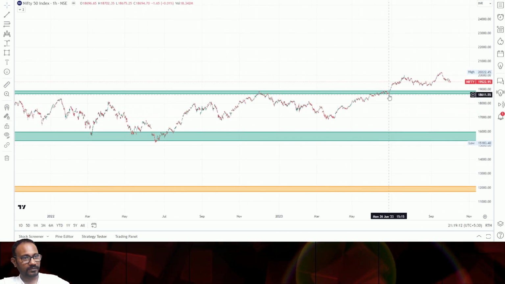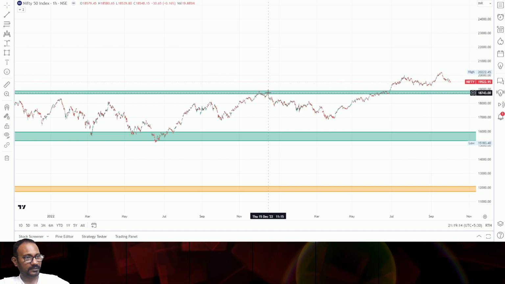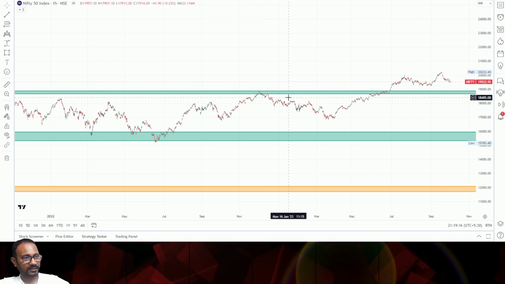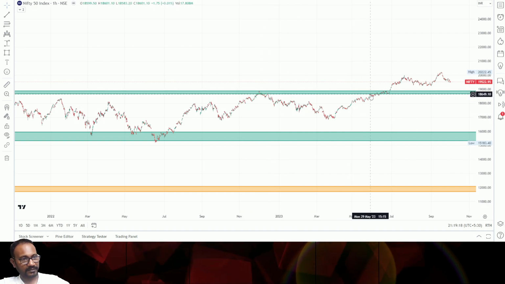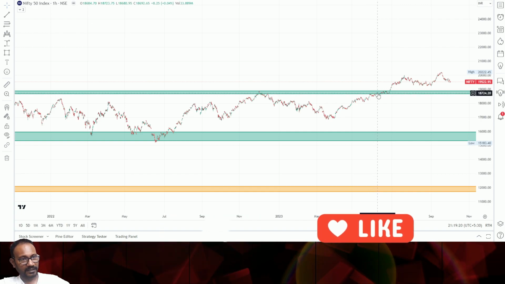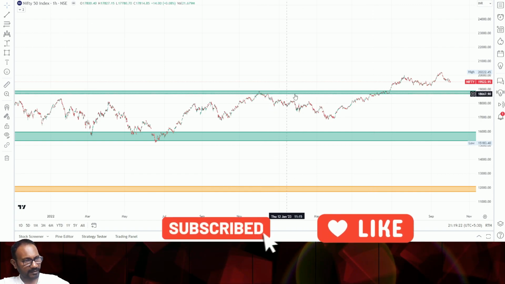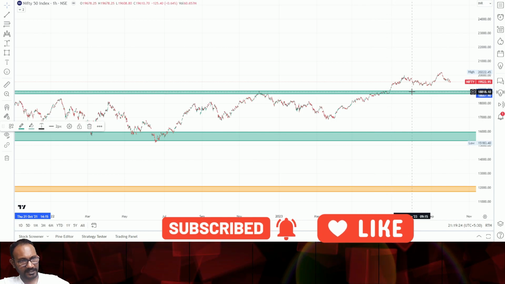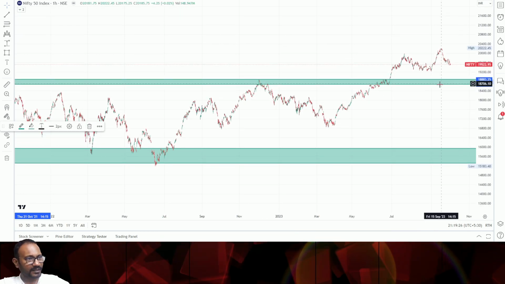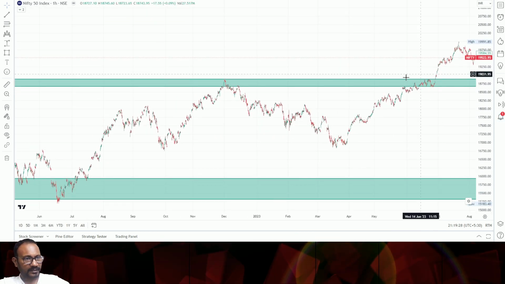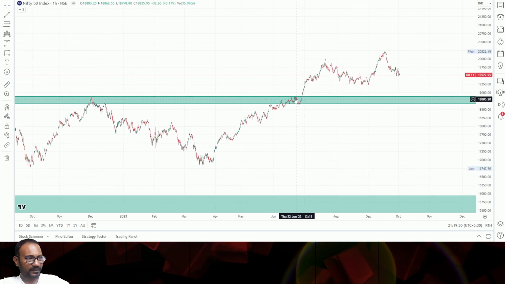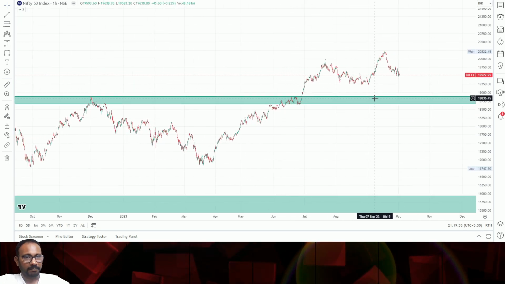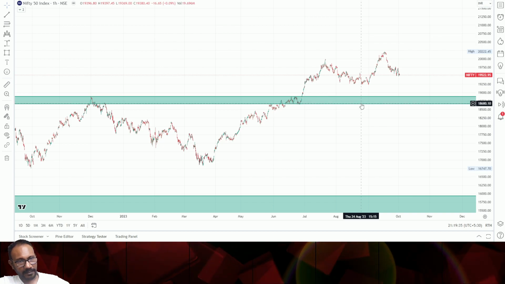Here is where it got support, here is where it got its rejections, right? Again, here is where it got tested, and these are the points where the maximum number of points are touching this band. I'm going to capture that. As you can clearly see, this area is where it is finding strong support and then going up.